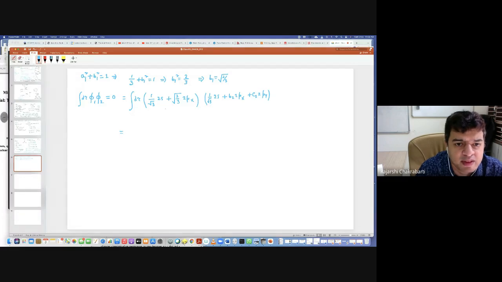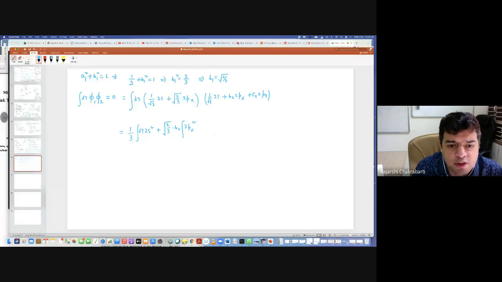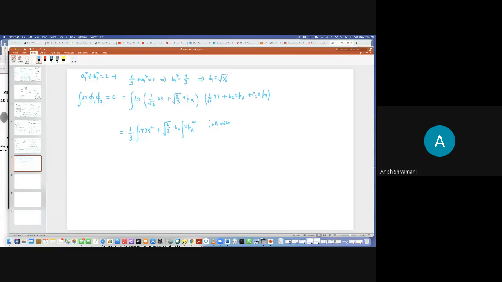Now what is going to happen here? The 2s term gives 1/3. Let me do it. Plus this, and then the other terms, all the cross terms, are 0. What is this?